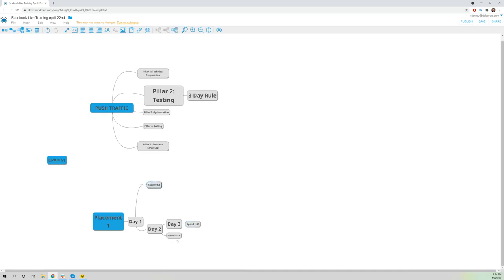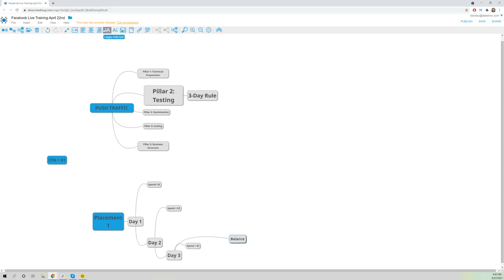Now, when do we make up the balance? When are we going to say, okay, this placement is working, this placement is not working? We do that at the end of day 3. All right. So let's do it like this. Balance. I'm going to call it the balance, all right, because we're going to make up the balance.